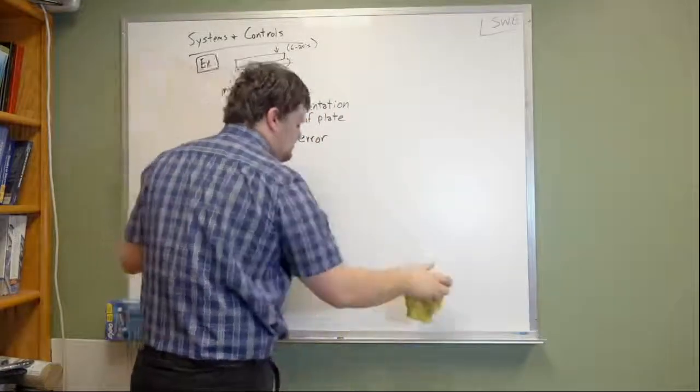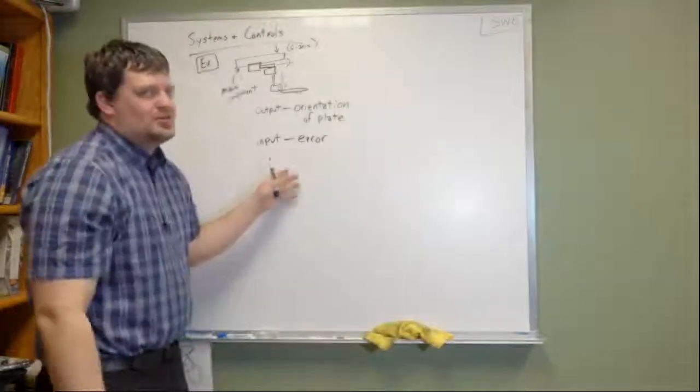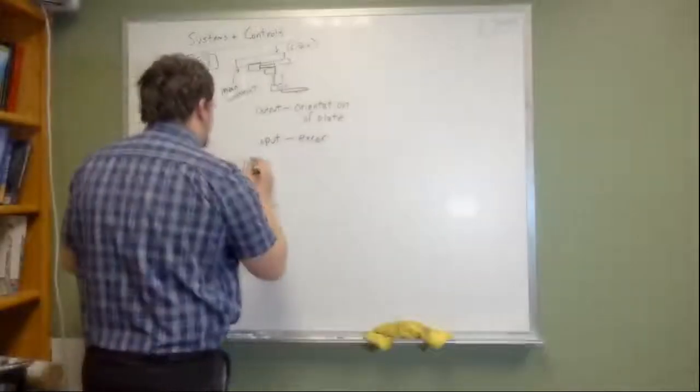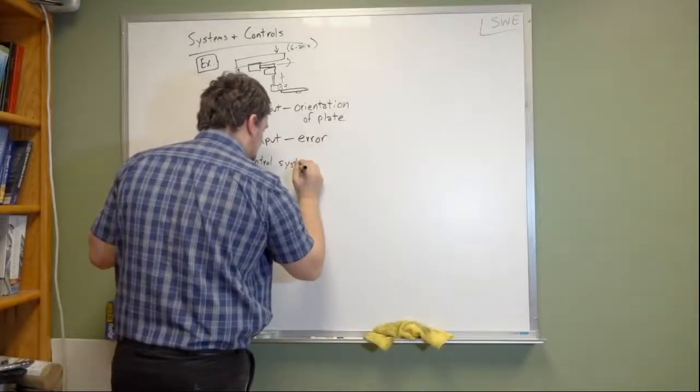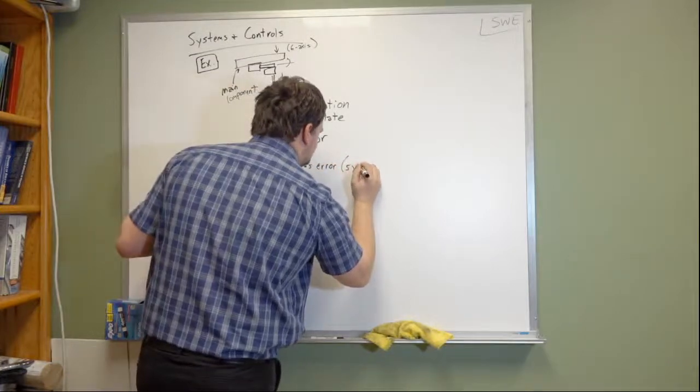When it comes to this class, it's important to recognize that we're not talking about error being a measurement error. We're actually talking about error being a control systems error, also known as just a system error.